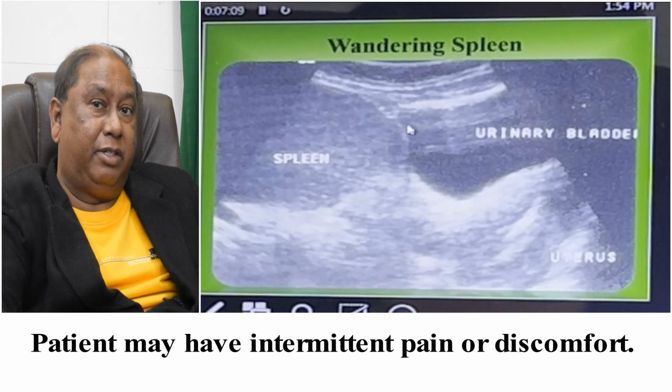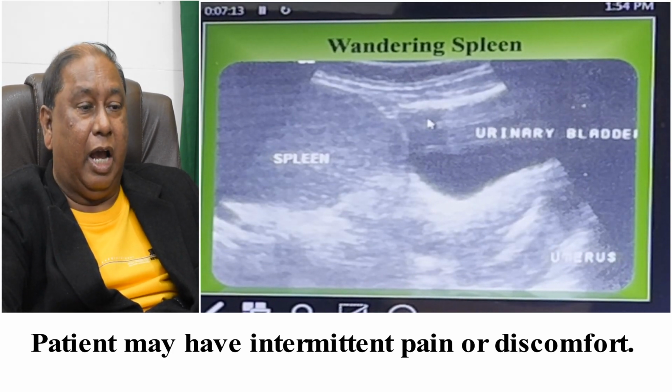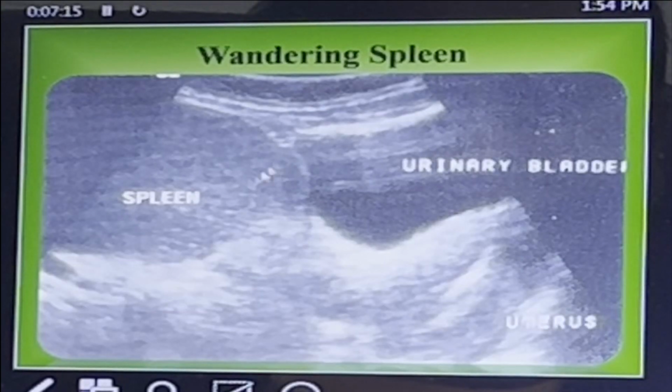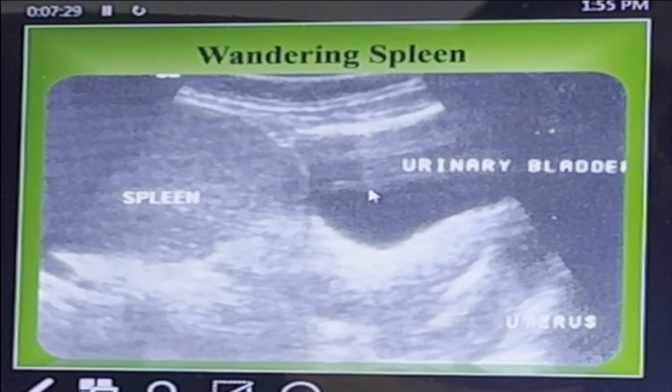The patient here may have intermittent pain and also discomfort. See, here is the urinary bladder. Besides this, there is spleen. When you see the splenic tissue beside the urinary bladder, you have to think, what is this? This is ectopic spleen.